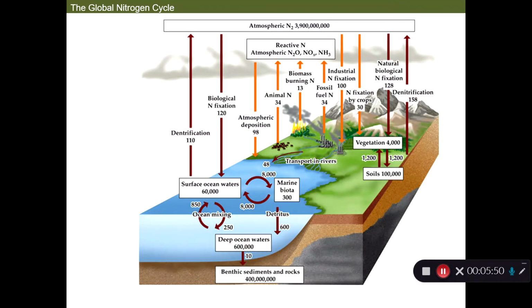Then you can see if you go just one box down in the nitrogen cycle, one thing that we have done, we have these yellow arrows feeding into that box where it says reactive nitrogen. And then it has some of our various forms of reactive nitrogen listed, right? Like our nitrous oxide and our ammonia. And then, of course, we could also think of our nitrates and our nitrites and our ammonium, all of those.